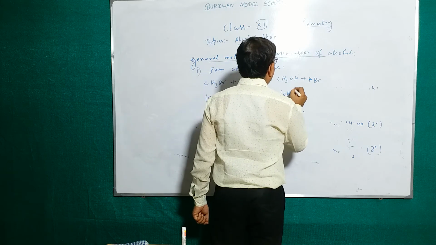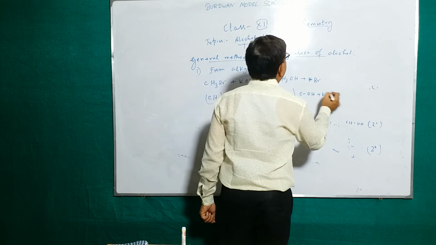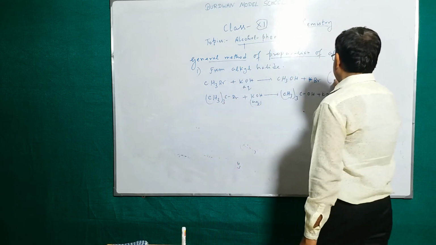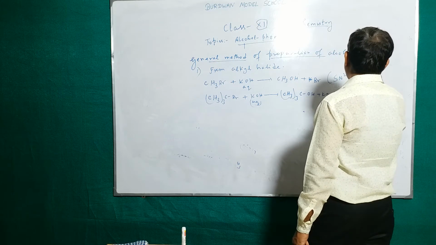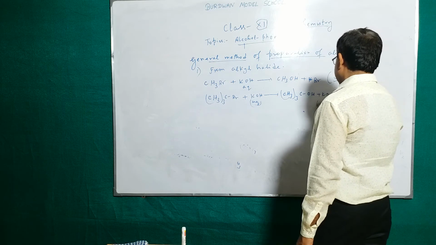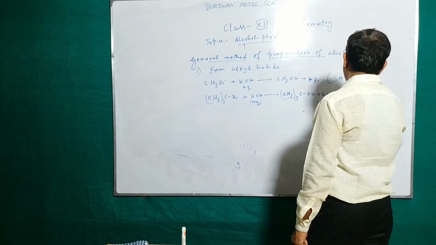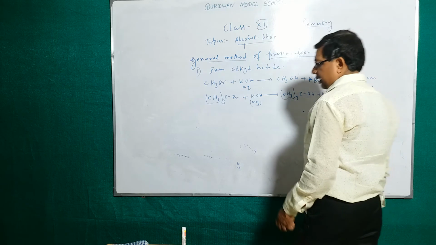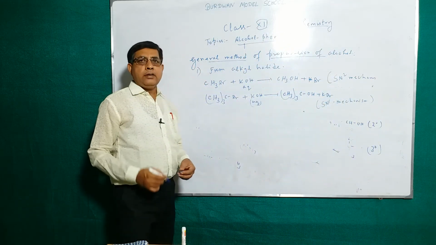Tertiary butyl alcohol, (CH3)3COH, plus KBr. You must remember that the primary alkyl halide undergoes the SN2 mechanism, while tertiary butyl bromide is tertiary, so it undergoes the SN1 mechanism.